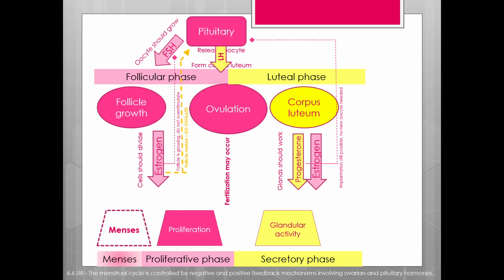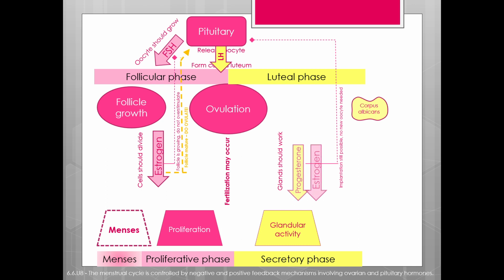But of course we know that if there is no fertilization, then the corpus luteum will turn into corpus albicans, which is no longer capable of producing progesterone and estrogen. It will be a signal to end everything. Progesterone and estrogen are no longer produced. The pituitary is no longer inhibited, while the uterus is no longer prompted.